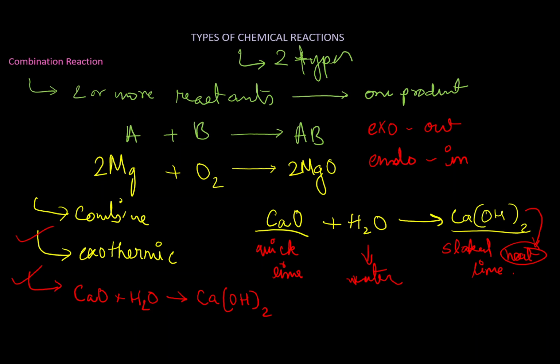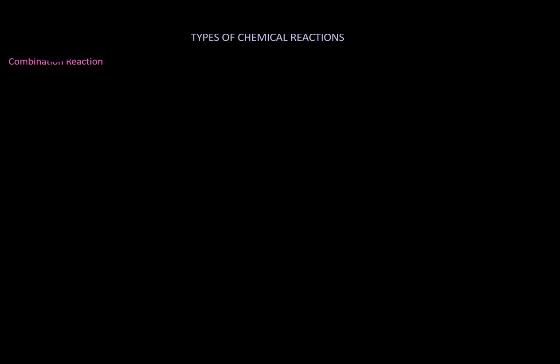Next, let us clear this place and kick out combination reaction and get in decomposition reaction. Decomposition reaction is completely opposite to, well, combination reaction, of course, what we learned right now. Here, one reactant gives me 2 or more products.